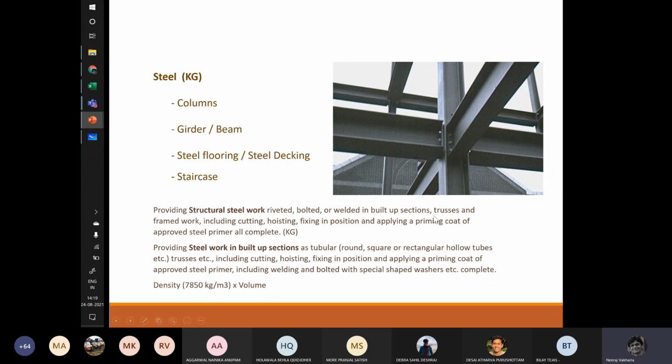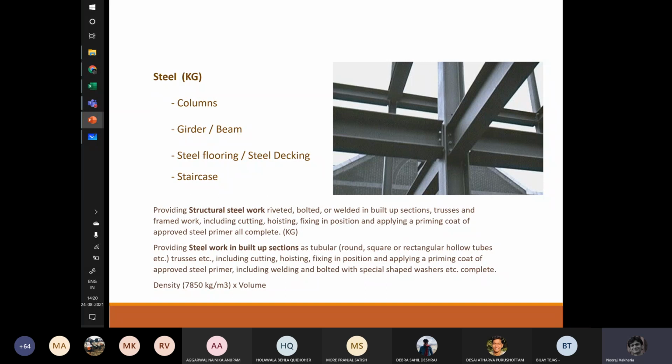Okay, so those sections, trusses, if we are using trusses, then trusses and framed work or portal frames, including cutting, hoisting, fixing in position, and applying a priming coat of approved steel primer, all complete. This is how we will mention it. It might have different sizes of columns.